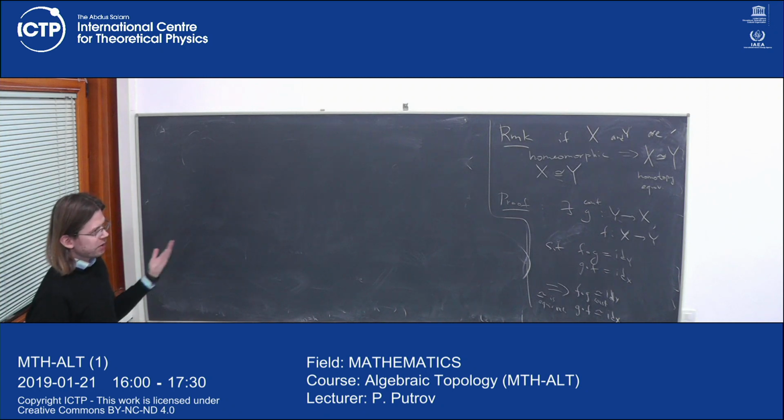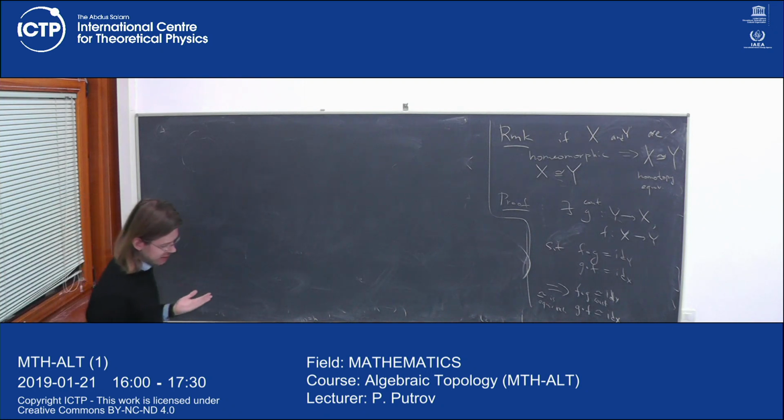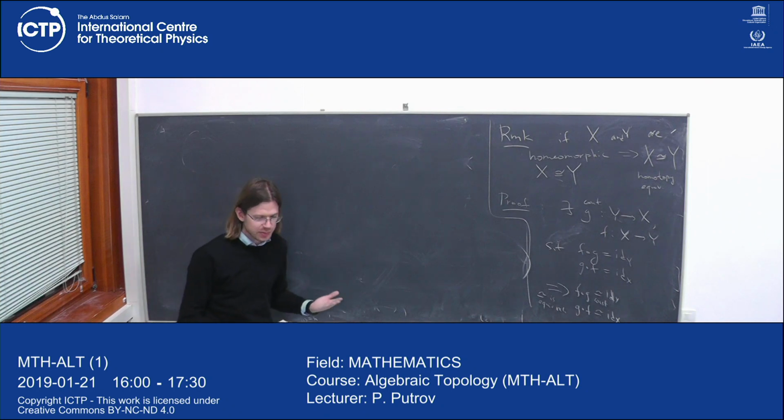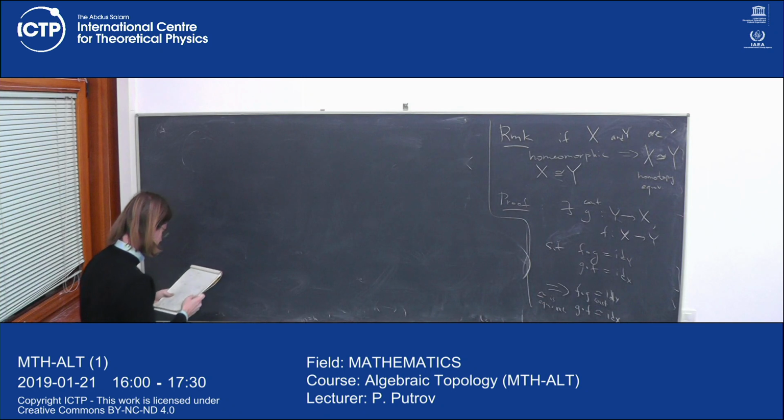Although we call this homotopy equivalence, from the definition itself it is not explicit that this is actually an equivalence relation on the spaces. So we actually have to show again that this is an equivalence relation.